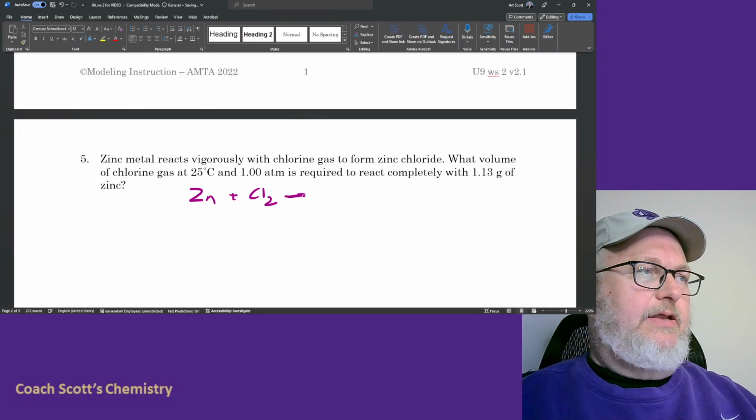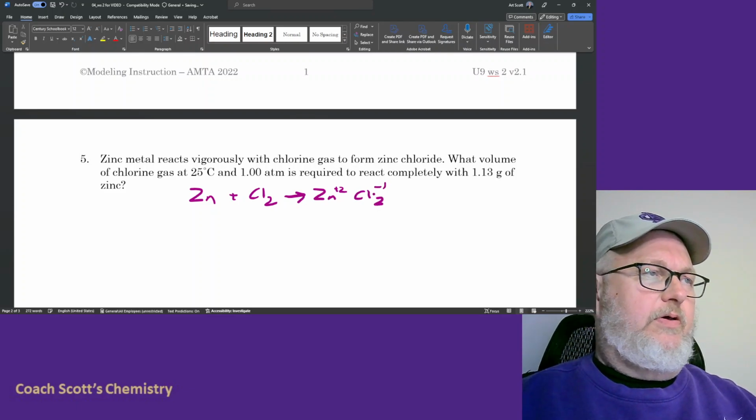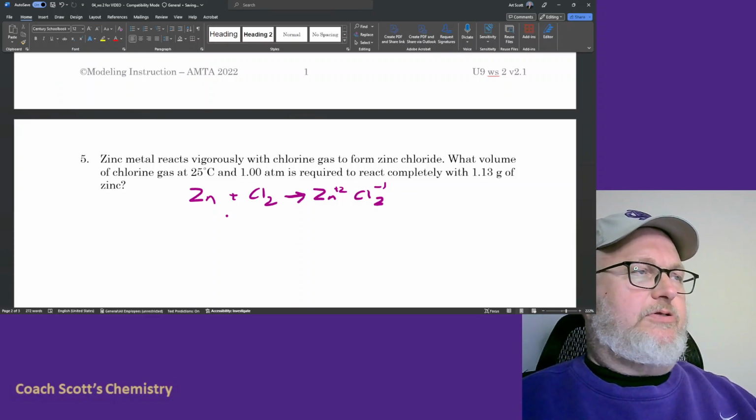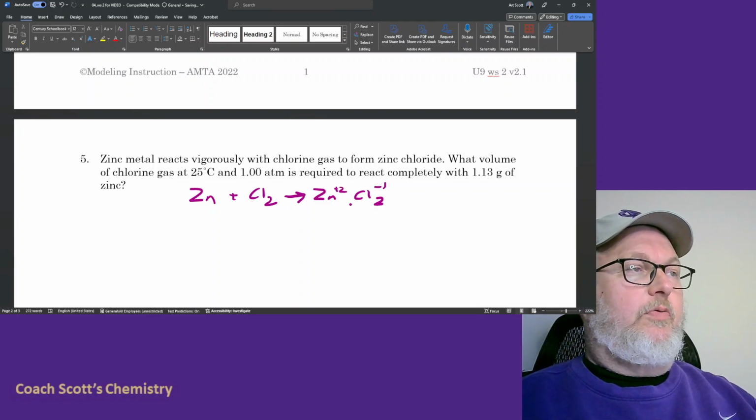Zinc chloride. So Zn is plus 2, Cl is minus 1, so that's going to need 2 of those. All right, so now I'm done. Zn, Cl2, ZnCl2. It looks like that's balanced, so I've got a 1 to 1 to 1 ratio.